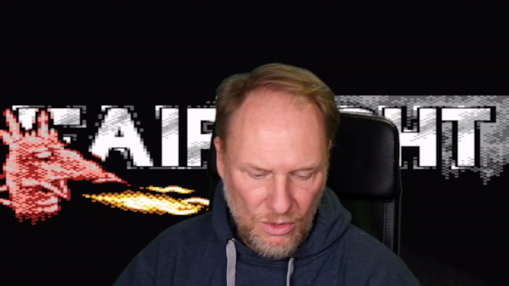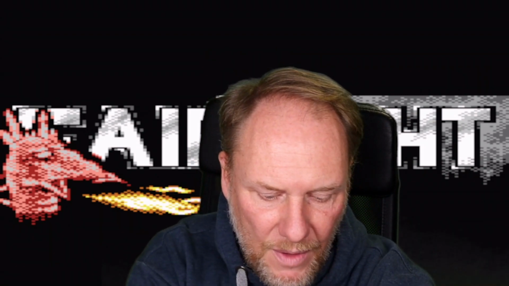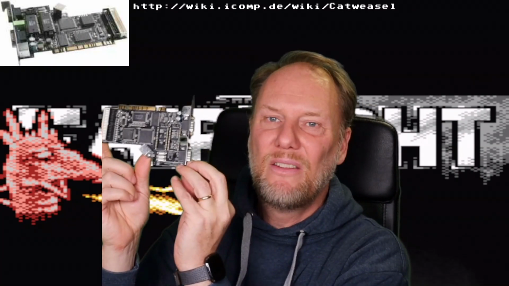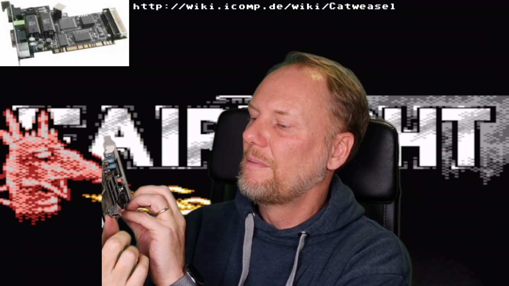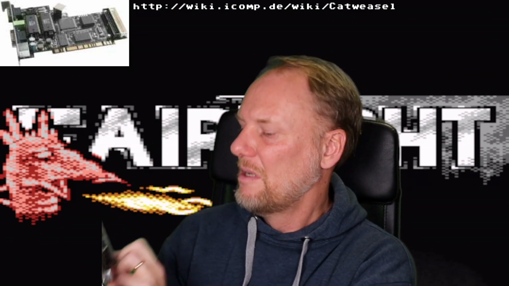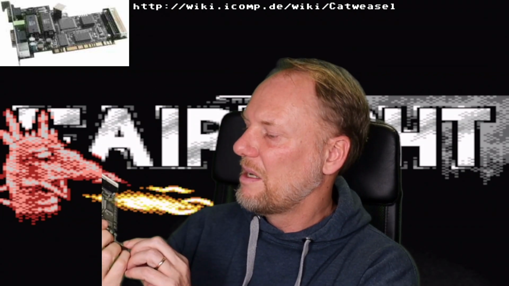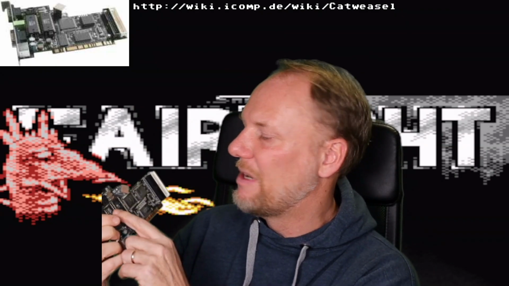And then I would like to show you one little thing more. So this one. This interface is called Cat Weasel. It's done by Individual Computer, so Jens Schoenfeld. This is a PCI bus, so this goes into the PC, and then you also have two slots for native SIDs.